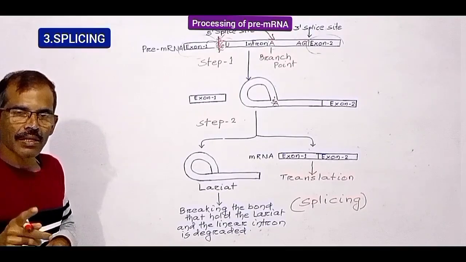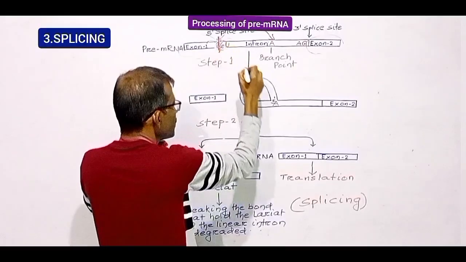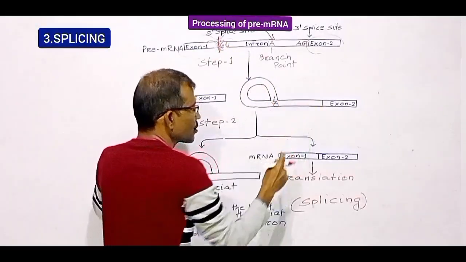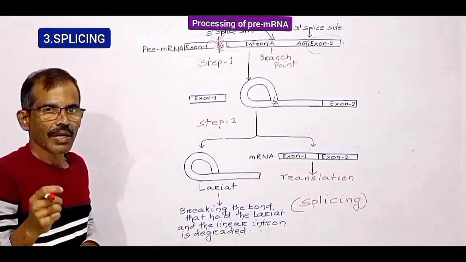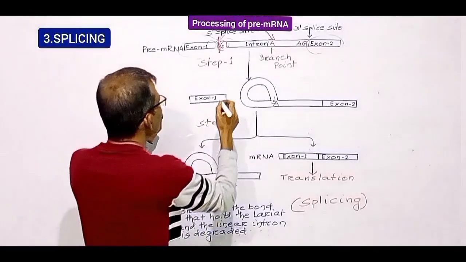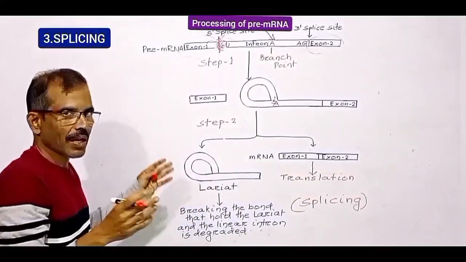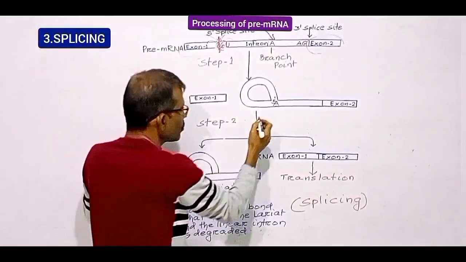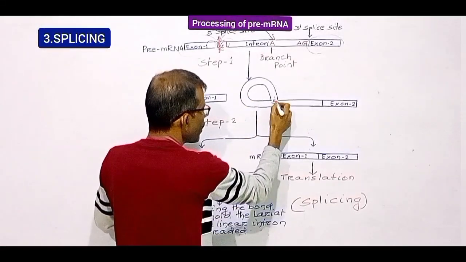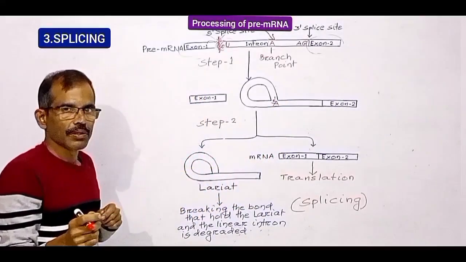So in a single reaction step, both 5' cleavage and lariat formation occur. The result is that the 5' phosphate group of the guanine nucleotide is now attached to the 2' hydroxyl group of the adenine nucleotide of the branch point.